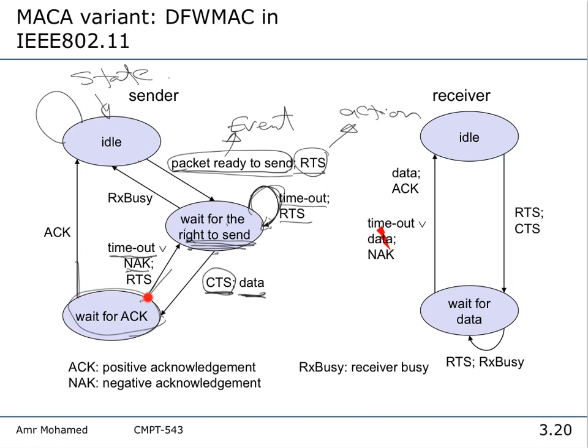Because if I go from here directly to here, this means that I will have to wait for the following packet to get into the buffer in order to serve the current packet, which does not make a lot of sense. Because if I go to idle, I have to wait for another event to happen again, but I did not service the first event in the first place.